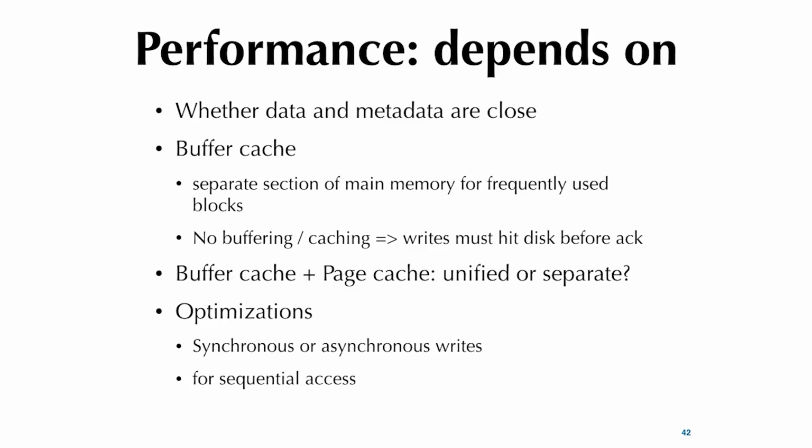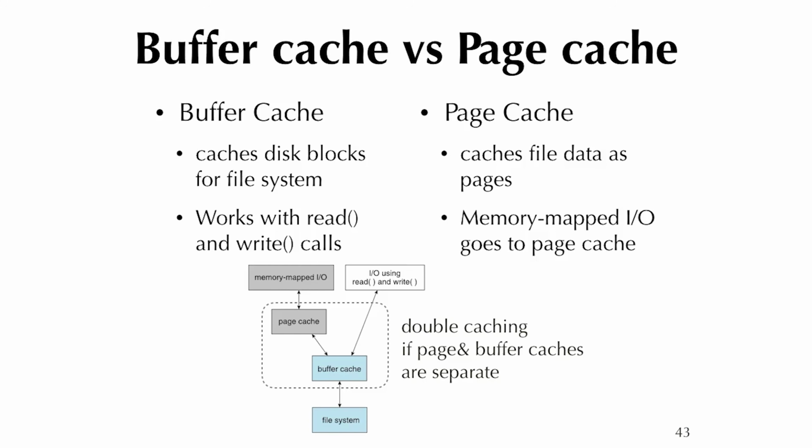And the size of a block is actually the same. So do you do separate buffer cache and page cache, or do you use the same mechanism for both? Right? That is actually one question. And what kind of optimization can you do to improve performance? Do you use synchronous or asynchronous API? And also, are there things you can do specifically for sequential access?